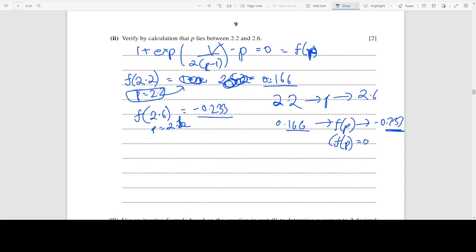And that value occurs when p is somewhere between 2.2 and 2.6. We took p on this side from the first equation. P was initially over here, but we just took it on the left hand side, so the difference is 0 somewhere between 2.2 and 2.6. That means LHS is equal to RHS, so we can find the value of p. So this is just to prove that much.